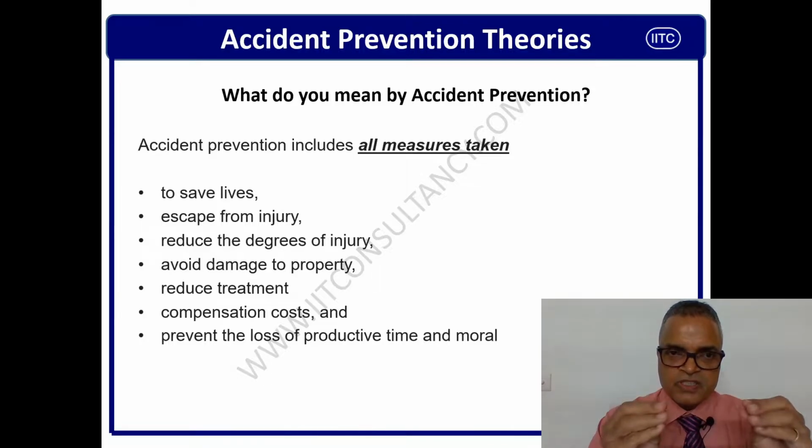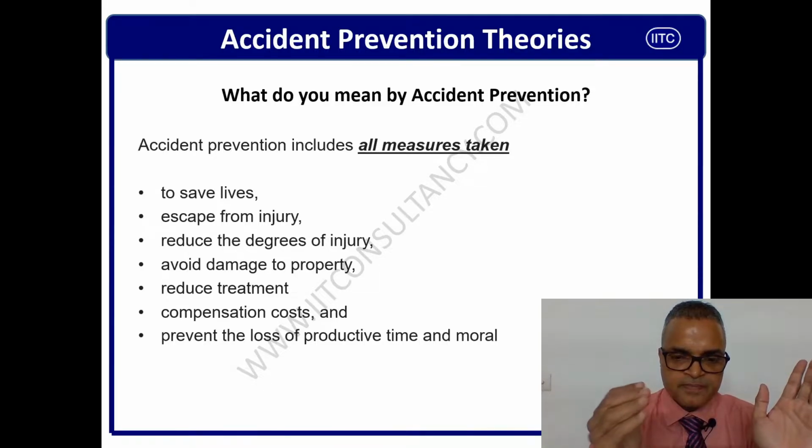These are very important things. What is our intention to prevent in day-to-day life? It is so that we can provide a safe working and healthy work environment, so that there is no injury, no property loss, no fatality, and all of these things.